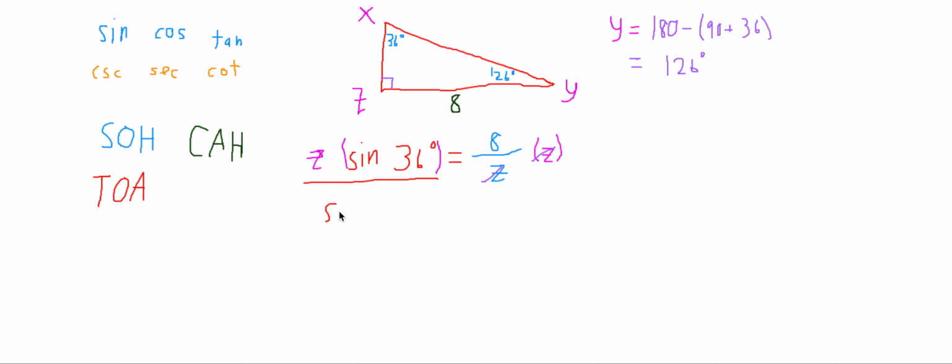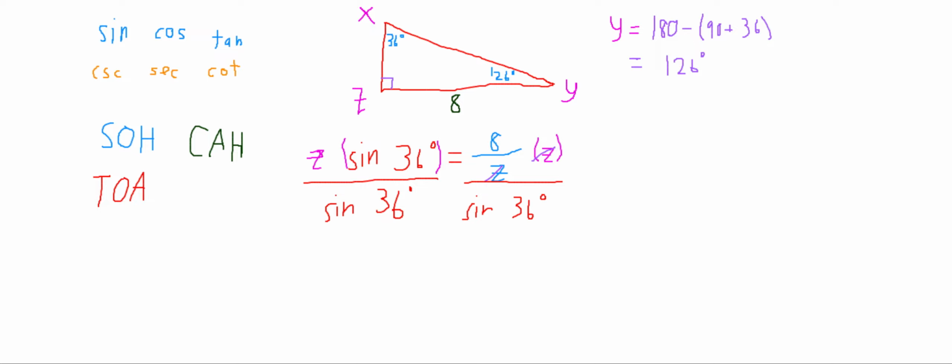So sine of 36 degrees goes away on both sides. Now, this will be the exact answer, 8 divided by sine of 36 degrees.